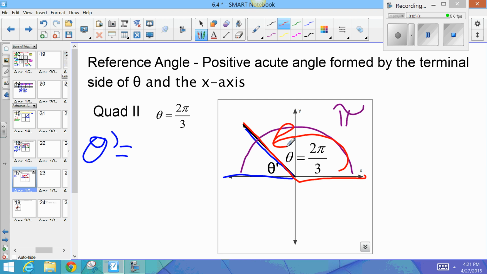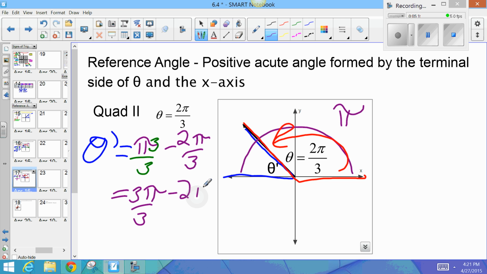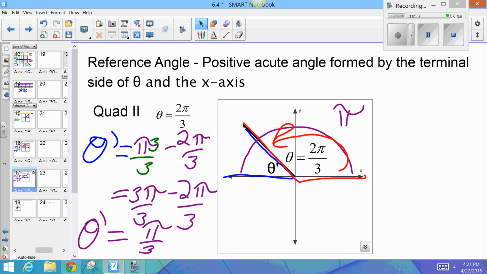So I've got pi subtract 2 pi over 3. Common denominator is going to be 3, so I'm going to multiply top and bottom by 3. So I get 3 pi over 3 minus 2 pi over 3. So theta prime, the reference angle, is pi over 3.